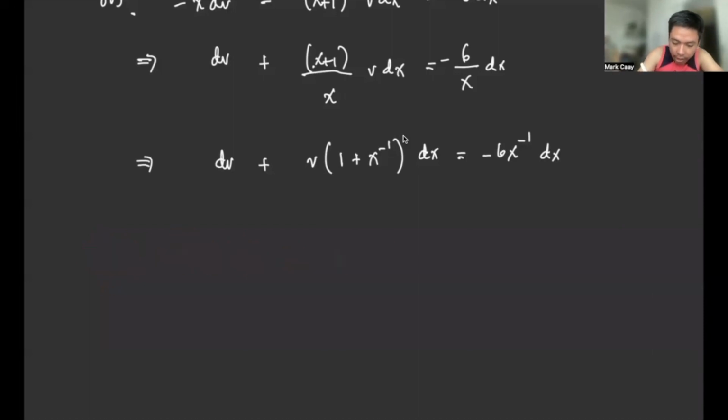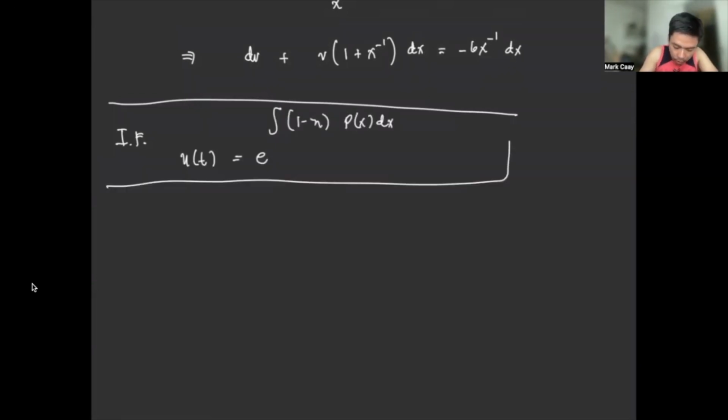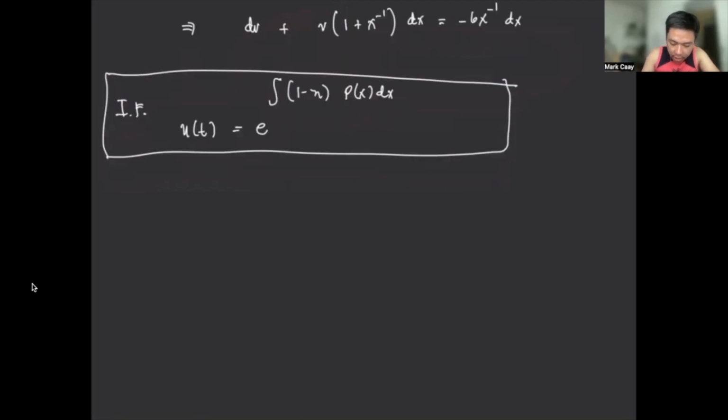So the integrating factor, so recall our formula from the previous discussion, we have our integrating factor is, ano nga yun? That's u of t equals e to the integral of 1 minus n p of x dx. Tama. So, since ito na yung equation natin, I would have my integrating factor as u of t.